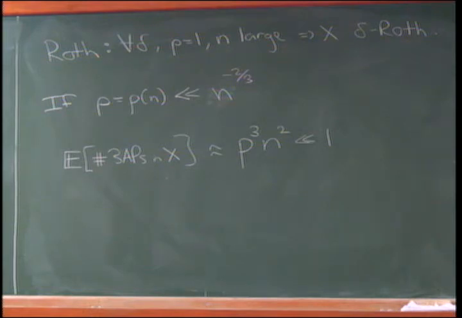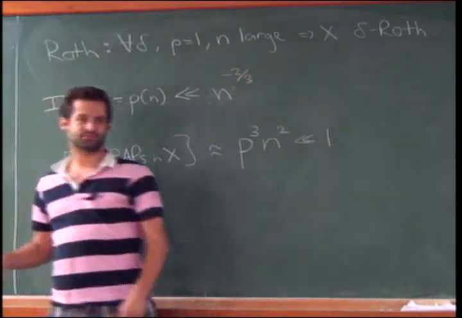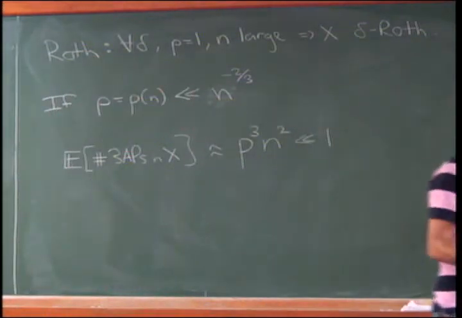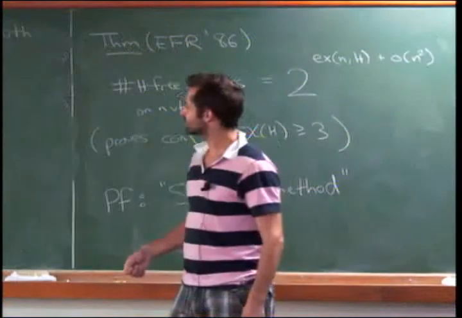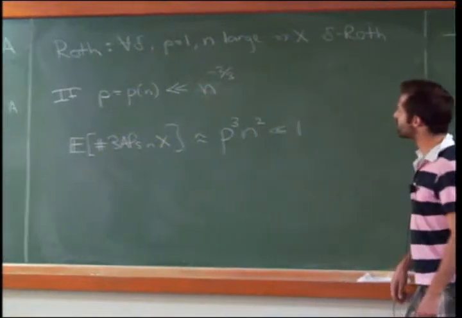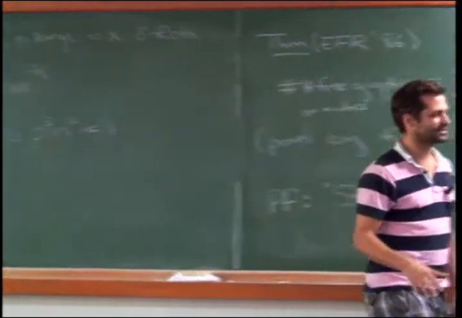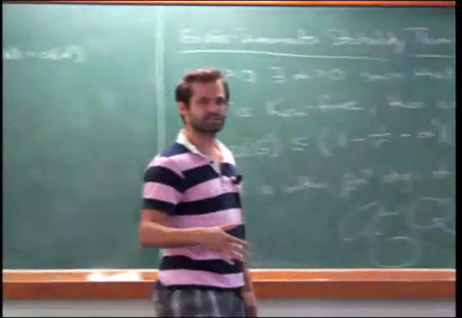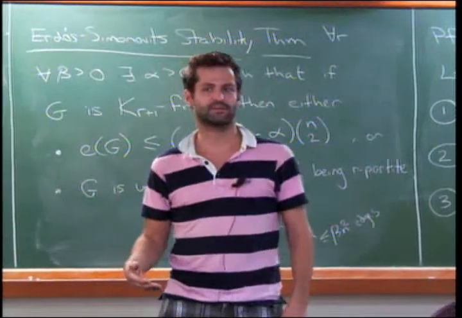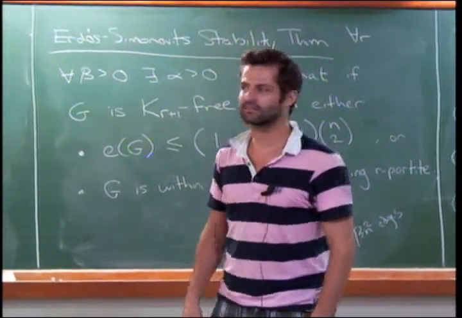But that seems a bit strong, right? We're allowed to remove almost all of X to destroy them, so we should be able to do better. What if this number, instead of being much smaller than 1, was about the size of X, or just a bit smaller than the size of X?